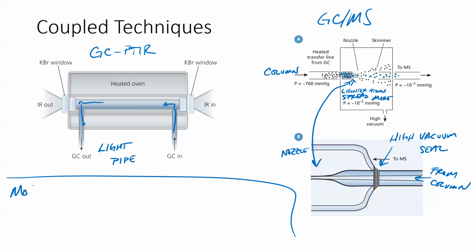Okay, so for Monday, there's a journal article on a milli whistle, which is a GC detector that uses essentially like a little flute to detect different analytes.